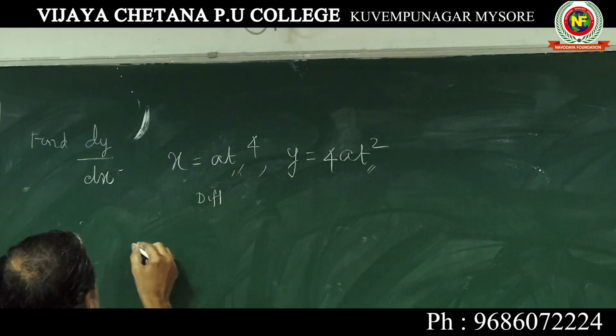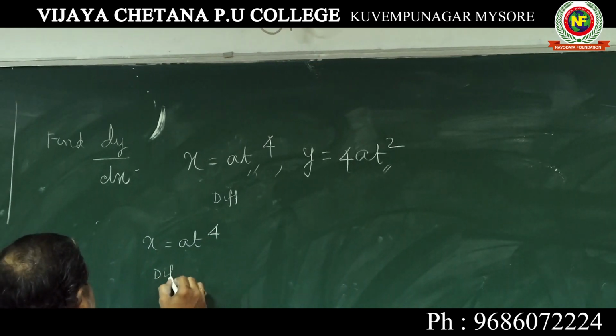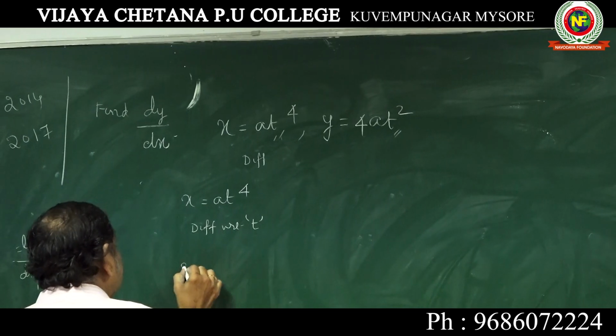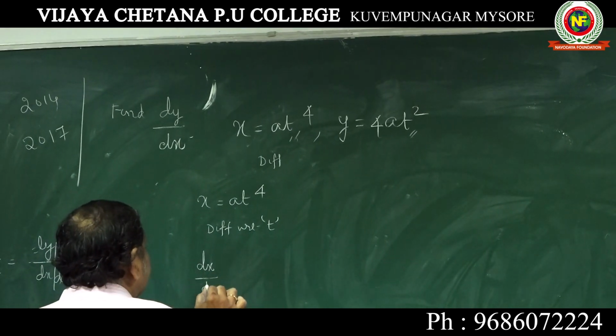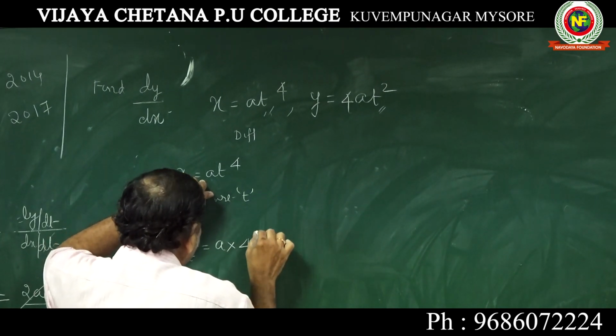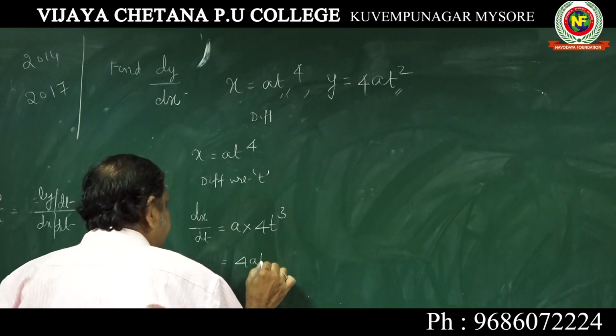First, separately we take x equals at to the power of 4, differentiate with respect to t. When you differentiate with respect to t, dx by dt will be a as it is constant, 4t cube. It is 4at cube.